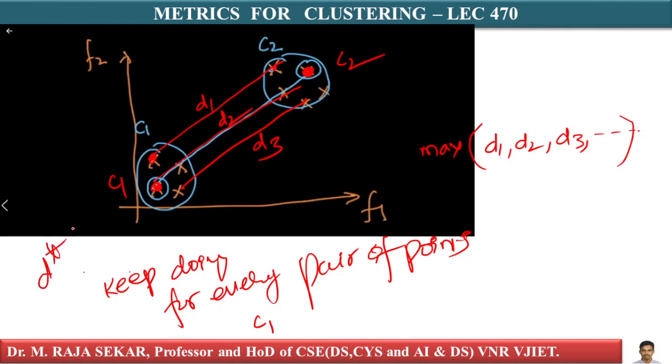We get this distance D star. D star means the optimal distance. Which one is the maximum distance? Your D2 is D star.